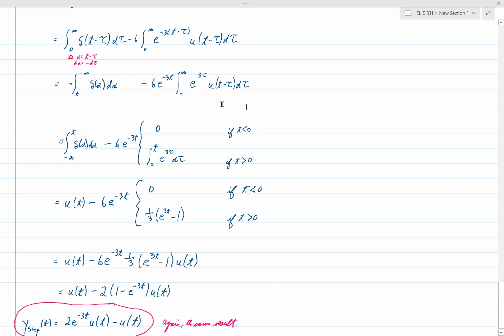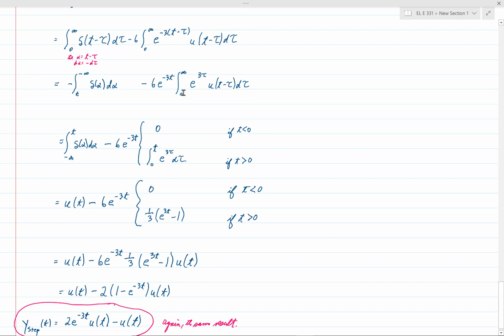Once tau gets to be greater than t, this doesn't contribute anymore, because when tau is greater than t, the argument becomes negative and u of a negative number is 0.